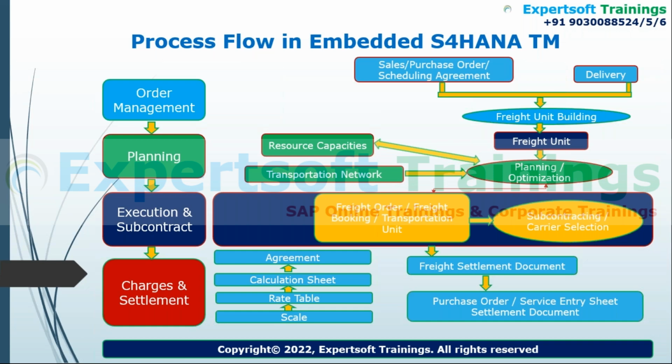Now, in case you are not using transportation management, I go a little bit into SAP's history. Before SAP Transportation Management came into the picture, we used to use the module called logistics execution. I don't know how many of you have experience working in logistics execution, where you used to create the shipment document, shipment cost document?